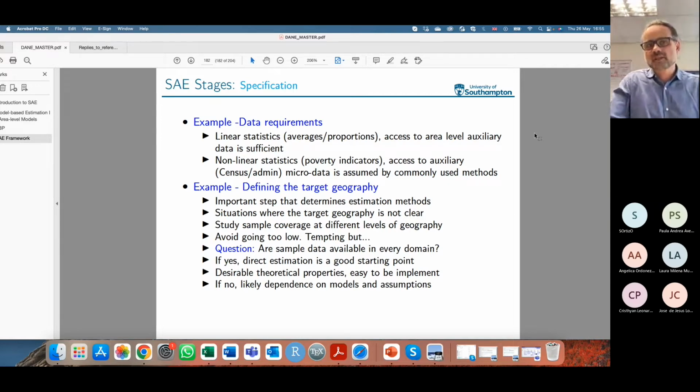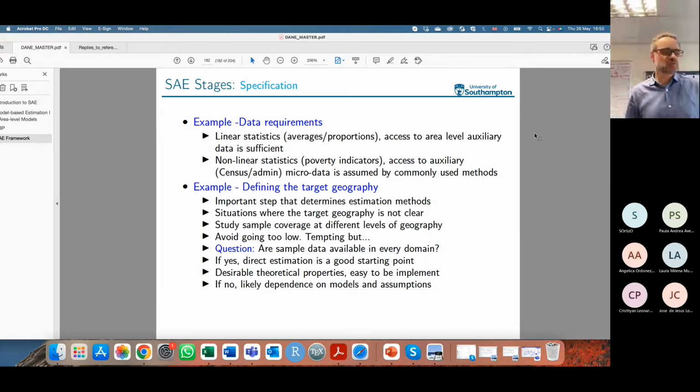On the other hand, if, as we described in the third section of this training, you're also interested in non-linear indicators, so poverty indicators, inequality indicators, then access to some population level data, macro data, is required by the most commonly used methods.